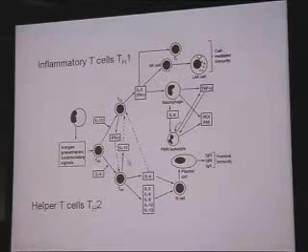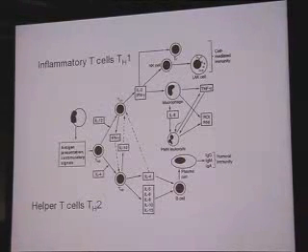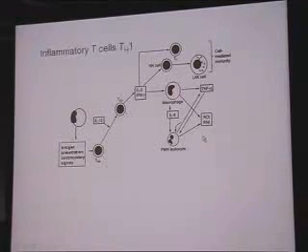One of the axes on which adaptive immunity has to choose a path is classified as Th1, Th2. And this is the nature of the T-cell maturation that predominates. We're just going to isolate down to Th1 to look at first of all. So what's happened is that some processing has gone on.